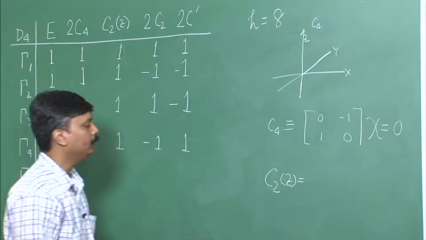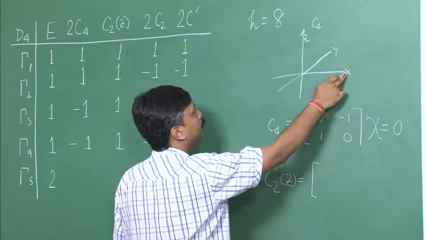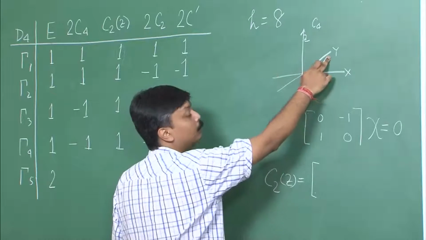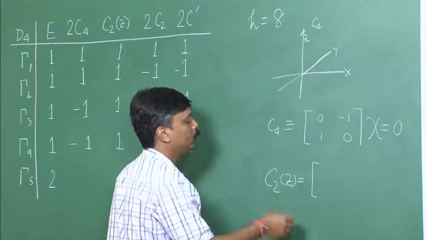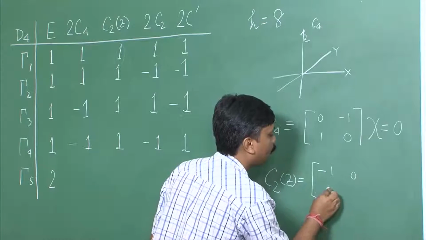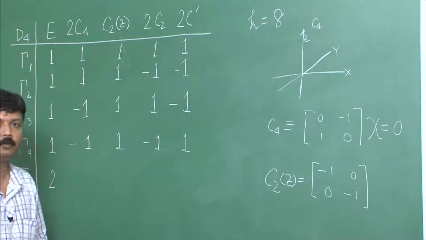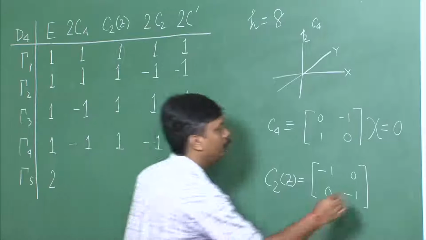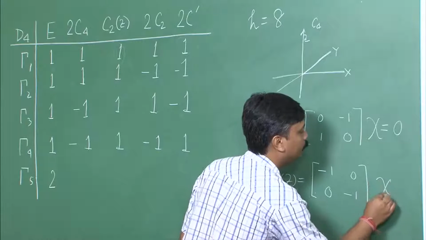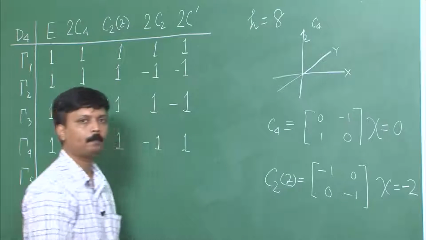We are going to get x getting transformed into minus x and y getting transformed into minus y. So, what we have is this. Fine. If I look at the character for this one, it is equal to minus 2.